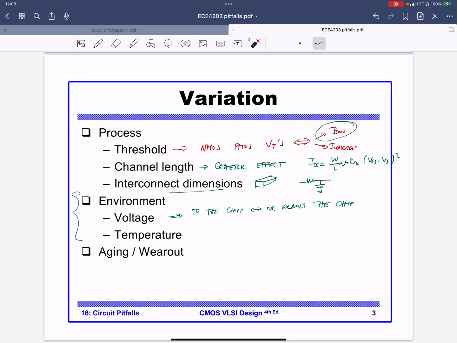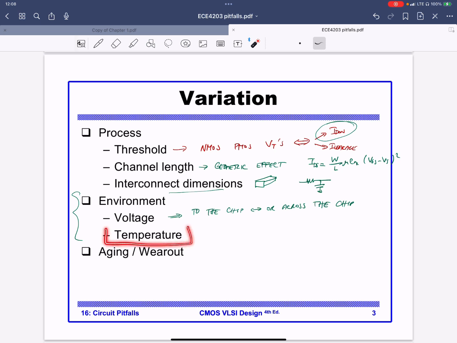And the other big environmental effect is the temperature. As your environment changes temperature, the ambient, you could imagine your circuit being in a very cold environment or a very hot environment, depending on where the user is using it, and also the power consumption of the circuit, depending on how good the system is at removing that power.